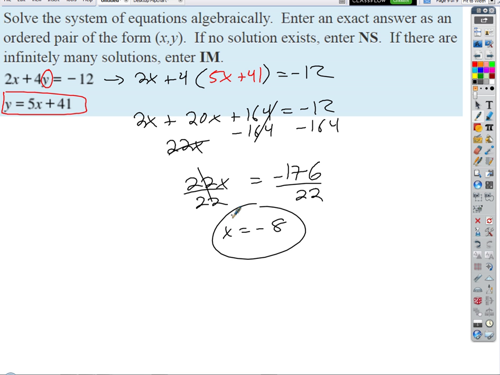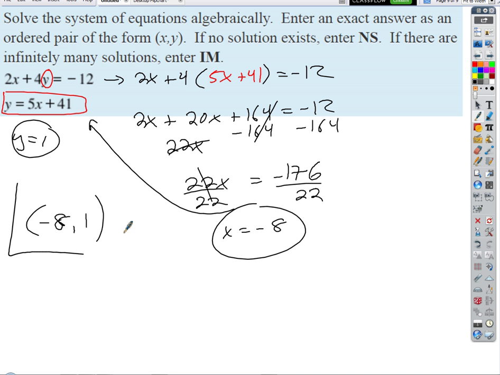You plug it into the y. Good, go back to the box substitution equation and plug it in. If I plug in negative 8, what's 5 times negative 8? Negative 40, good, plus 41? 1. So y equals 1. So we just want the ordered pair, so we'd write it in Moodle as negative 8, comma 1. That's it, right?